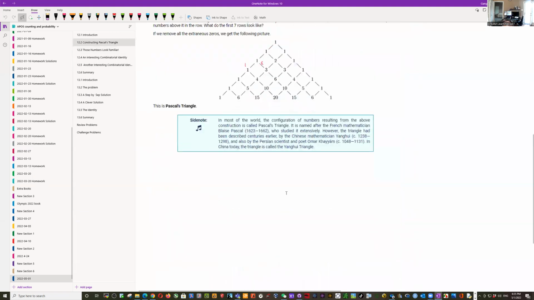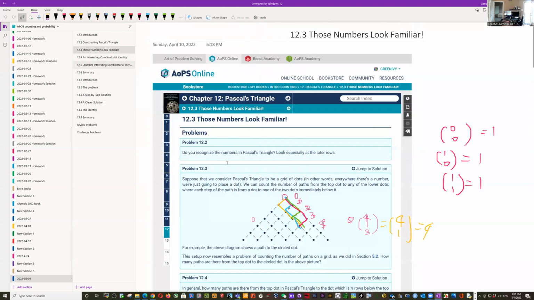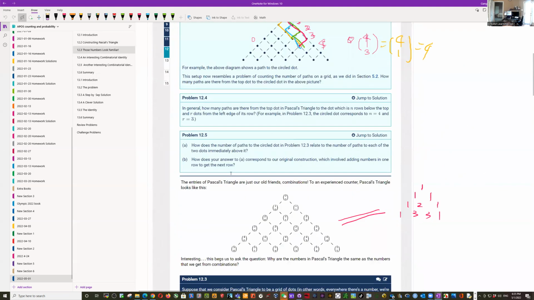It was discovered independently throughout history in China, Persia, and the Western math world. It has several simple properties.